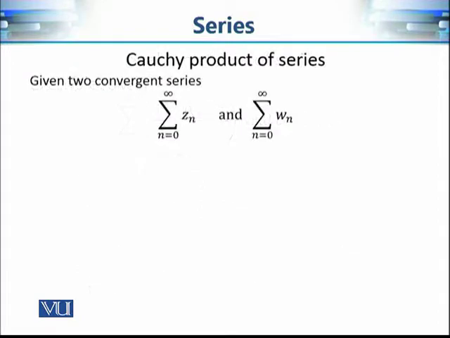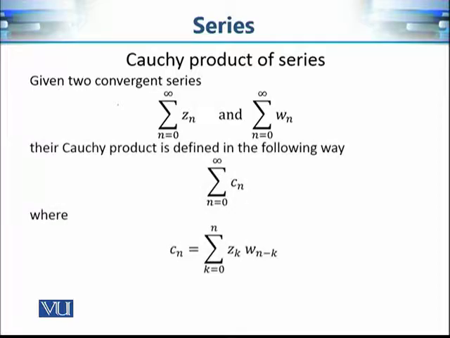Now let's begin with the product of series, which is the Cauchy's product of the series. Once again, we are given two convergent series, so convergence is important here, and we want to multiply them. Then their Cauchy's product is a new series Cn, and the terms of the series are defined in the following way.